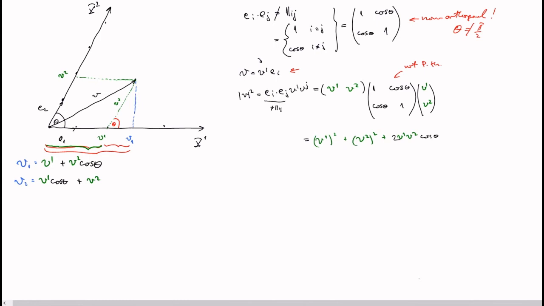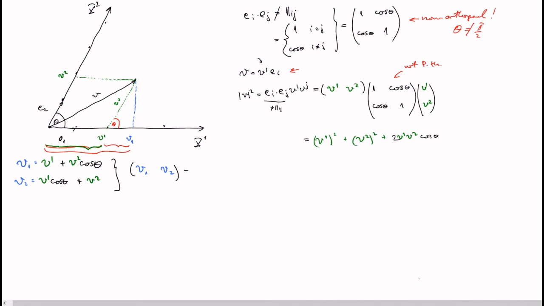This is very interesting. Even though we didn't expand the vector in terms of the blue components, we have found a relationship between the green ones and the blue ones, such that if someone wants to express and calculate the vector in terms of blue components, he might as well do so. But before that, I want to note something very interesting. Take a look at this and write it in matrix form, as a row matrix: V1, V2.